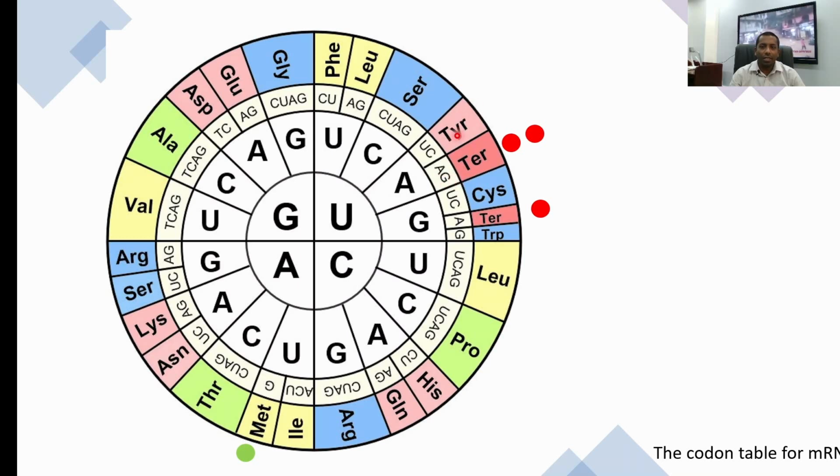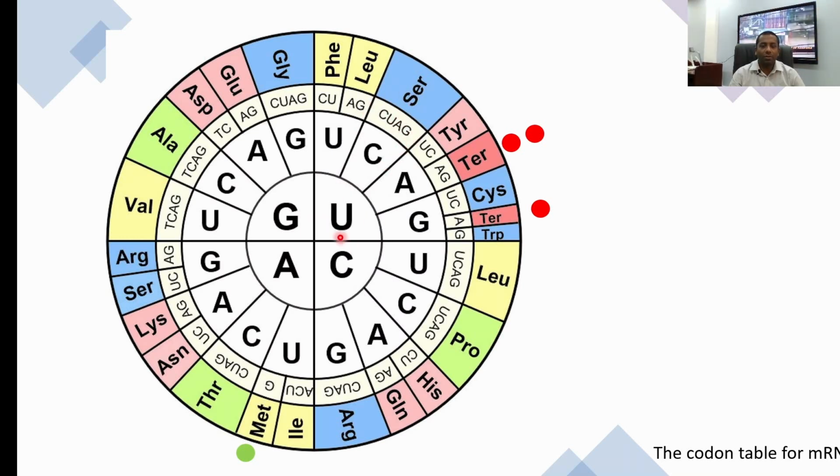If you take something like tyrosine, you can have 2 different codons, UAU or UAC. For serine, you can have 1, 2, 3, 4 different types of codons.